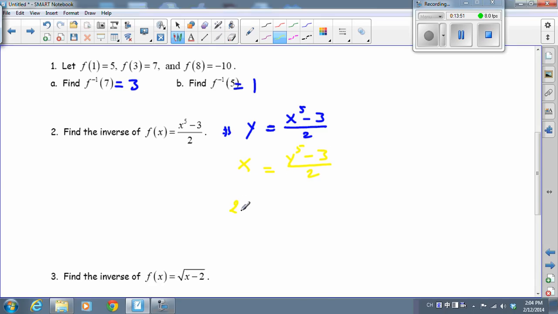So if I cross multiply, I get 2x is equal to y to the power of 5 minus 3. Then I will add 3 to both sides to say y to the power of 5 is equal to 2x plus 3. And from here, all I have to do is use the fifth root on both sides to get y is equal to the fifth root of 2x plus 3. And that's your inverse function of x.